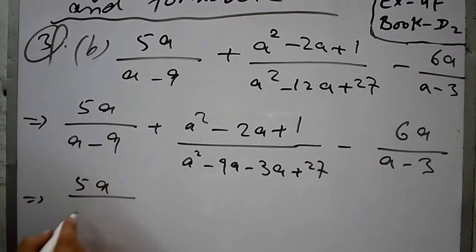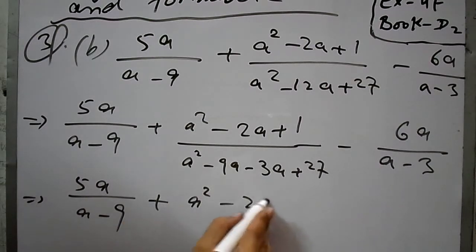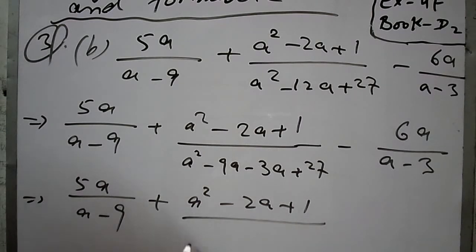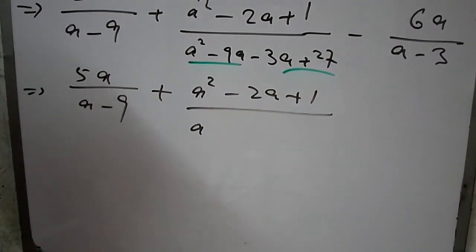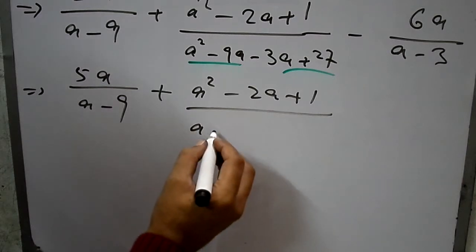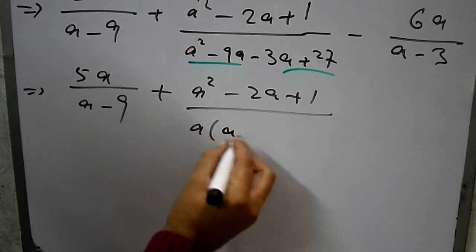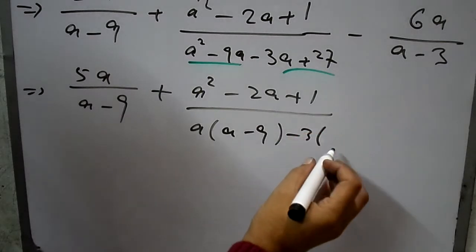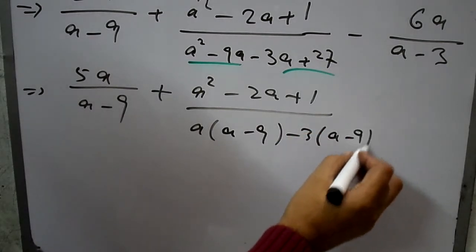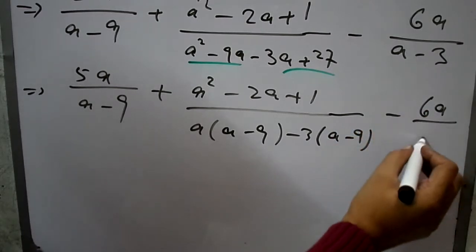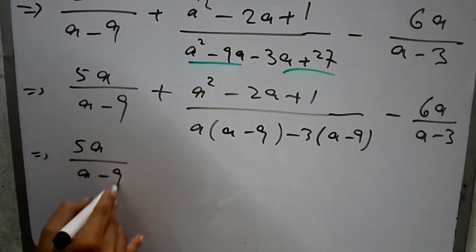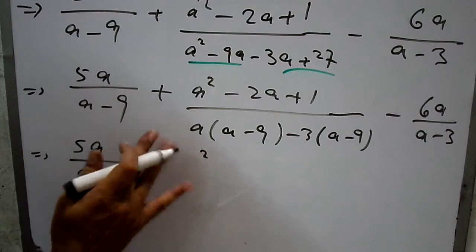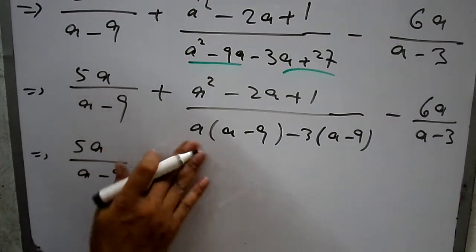So 5a divided by a minus 9 and plus a square minus 2a plus 1 divided by, so make a factor, you can take common from here, make a pair, simplified, you can write the factors as a minus 9 into a minus 3, 6a divided by a minus 3.